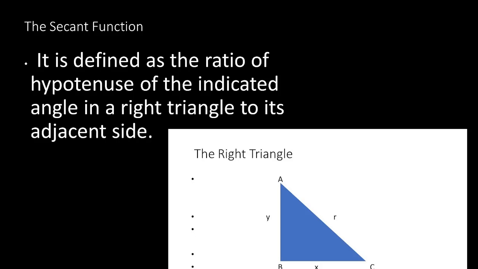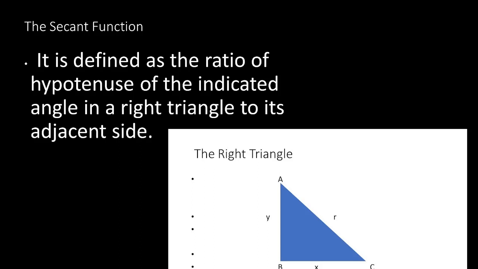So if we get the secant of A, that would be the hypotenuse R divided by Y. But if we go to the secant of acute angle C, that would be R divided by X, since this is the adjacent side.